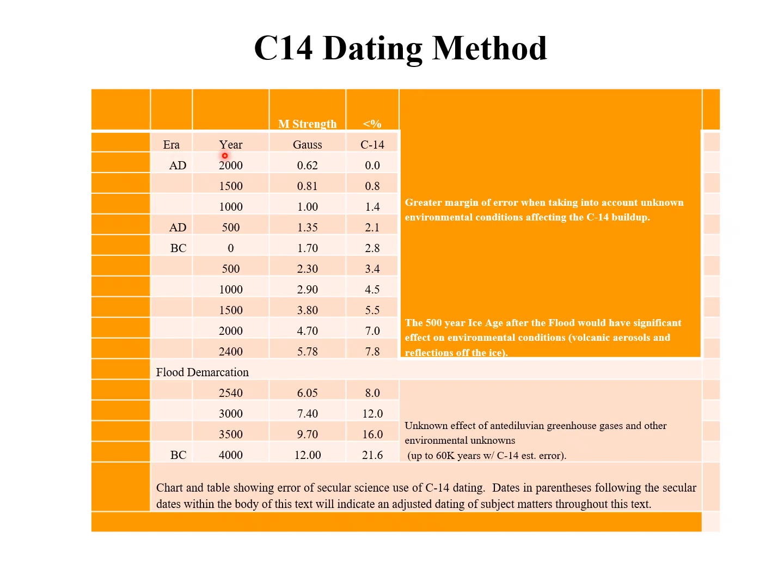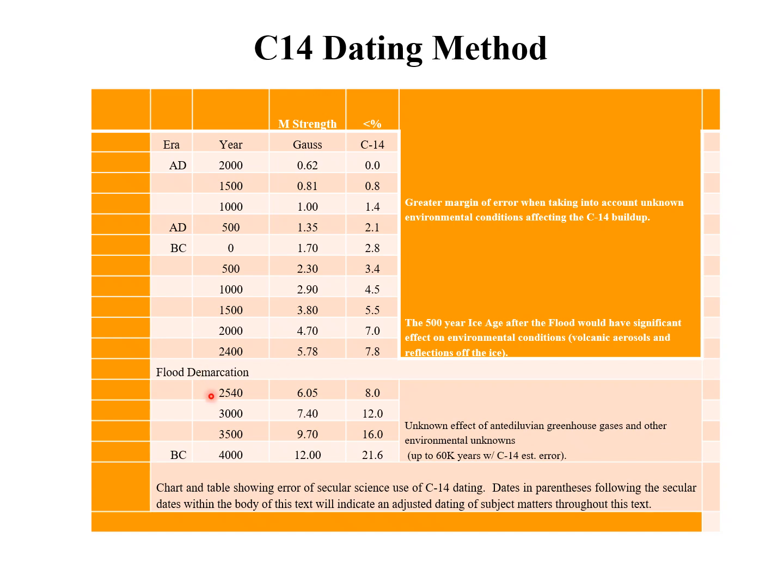And here it's in a table. So you've got the year 80, Gauss strength 0.62, 0% difference. When you get to 500 BC, the Gauss strength is 2.3 times stronger, and it should affect the carbon-14 by 3.4%. And then here you go, here's the flood demarcation.